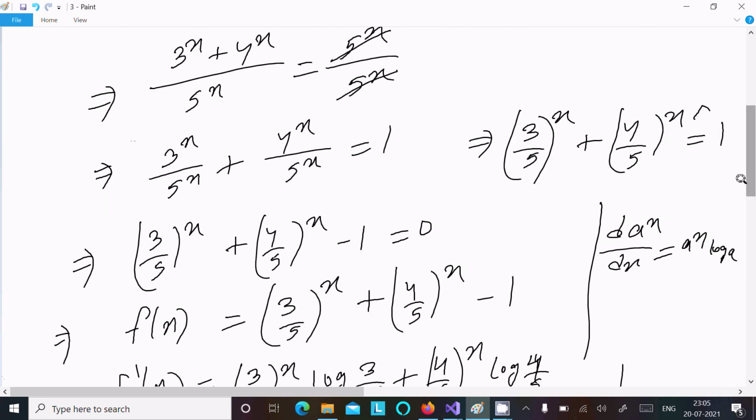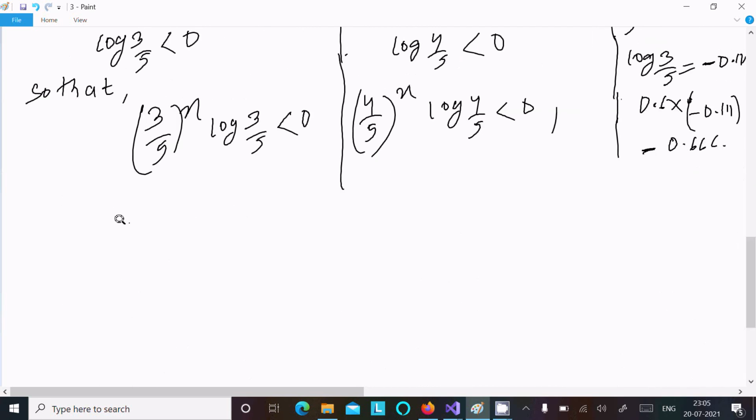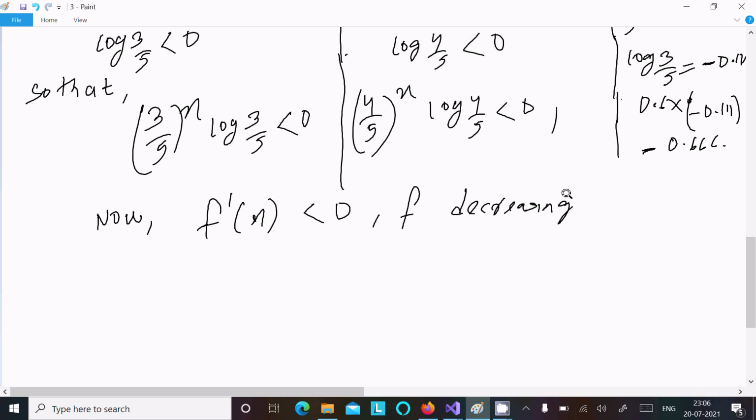So here f dash x is less than 0. So we can write f is decreasing, the value is decreasing.